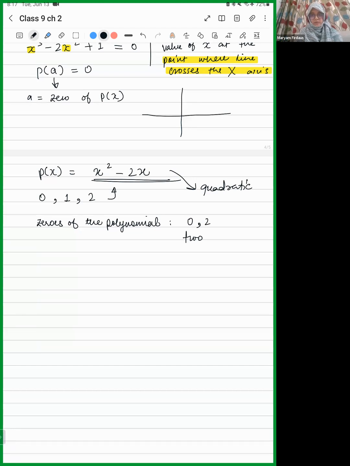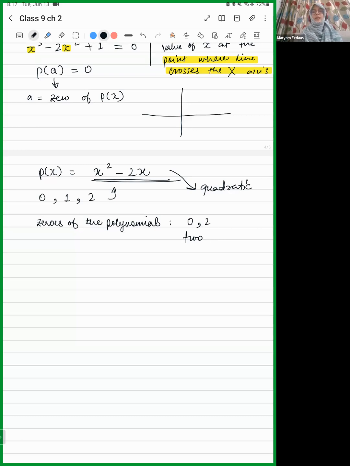Is that clear? Ma'am, can it have more than 2, right? But I'll tell you something. Whatever the degree is, the number of zeros will not be more than that. If the degree is 2, that means if it is a quadratic polynomial, the number of zeros will not be more than 2.